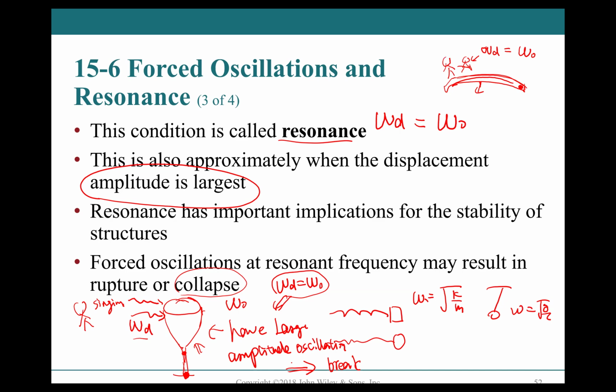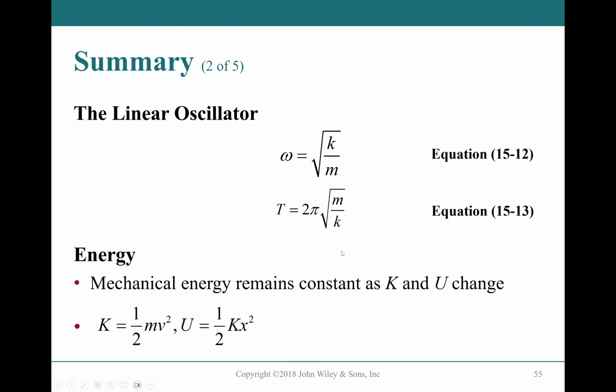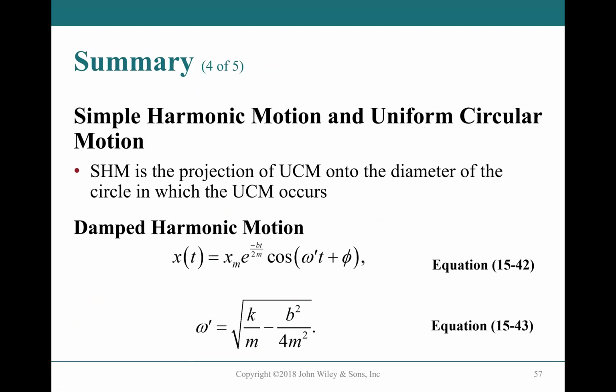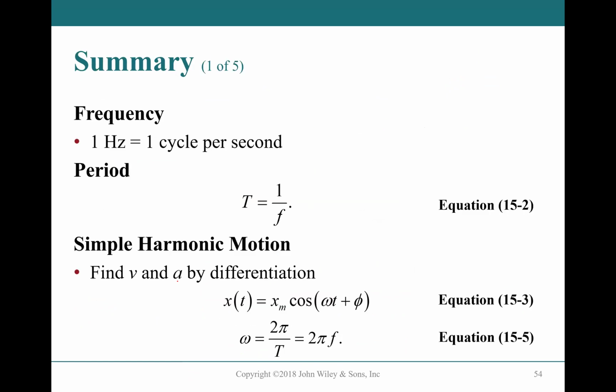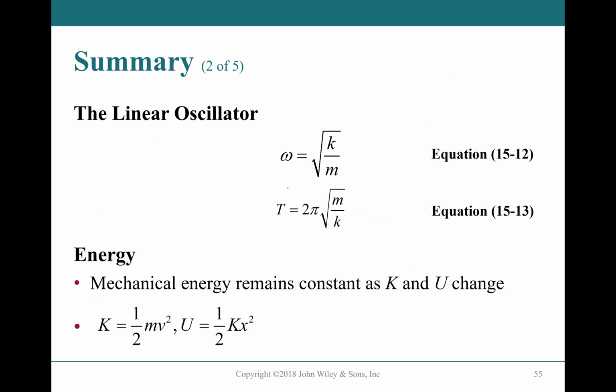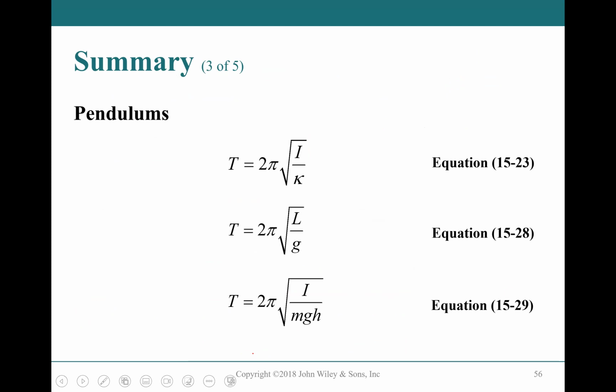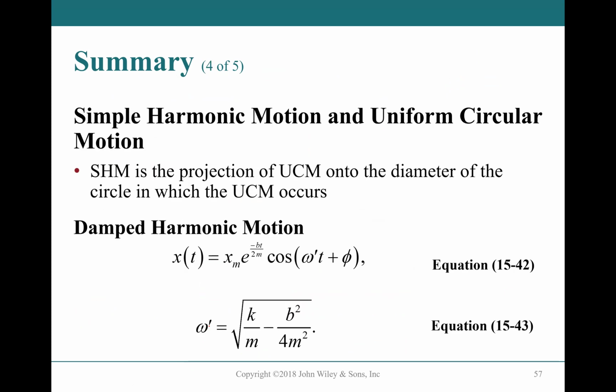Okay, so I think that will be the end of this chapter. We have simple harmonic motion, and we have damped harmonic motion. The equation to remember is this one here, okay? And the definitions for period, frequency, omega, and energy, and how to calculate the different periods, and damped harmonic motion.